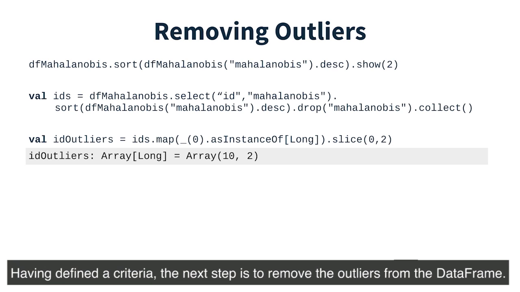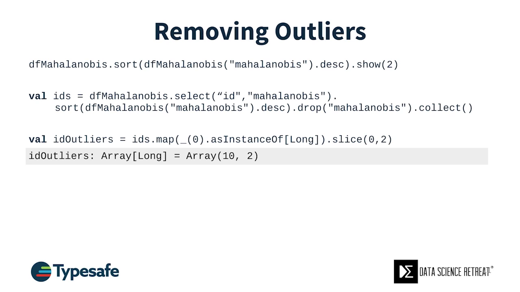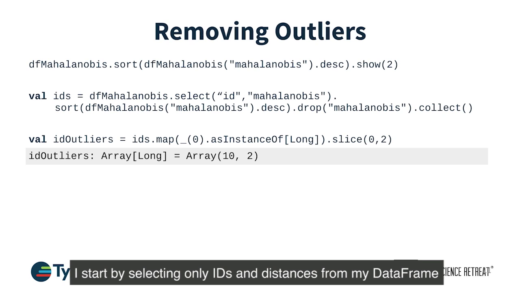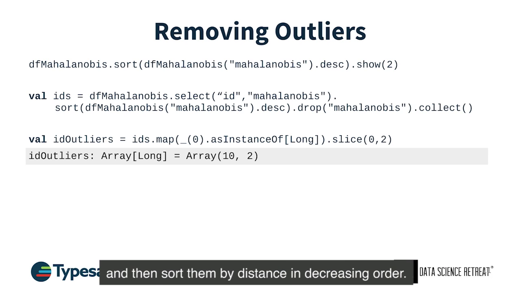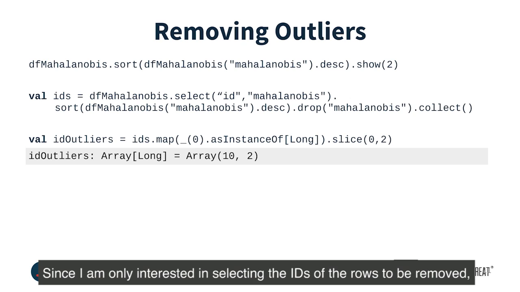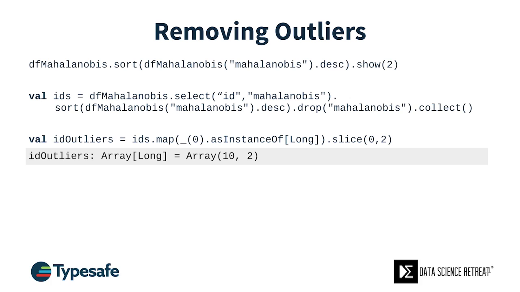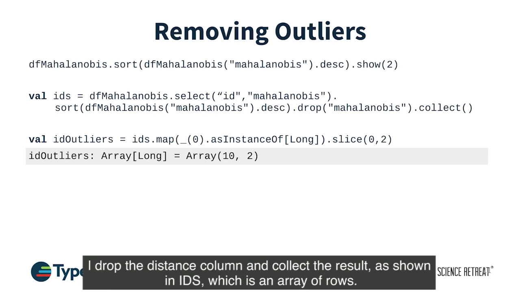Having defined a criteria, the next step is to remove the outliers from the data frame. I start by selecting only IDs and distances from my data frame, and then sort them by distance in decreasing order. Since I'm only interested in selecting the IDs of the rows to be removed, I drop the distance column and collect the result as shown in IDS, which is an array of rows.